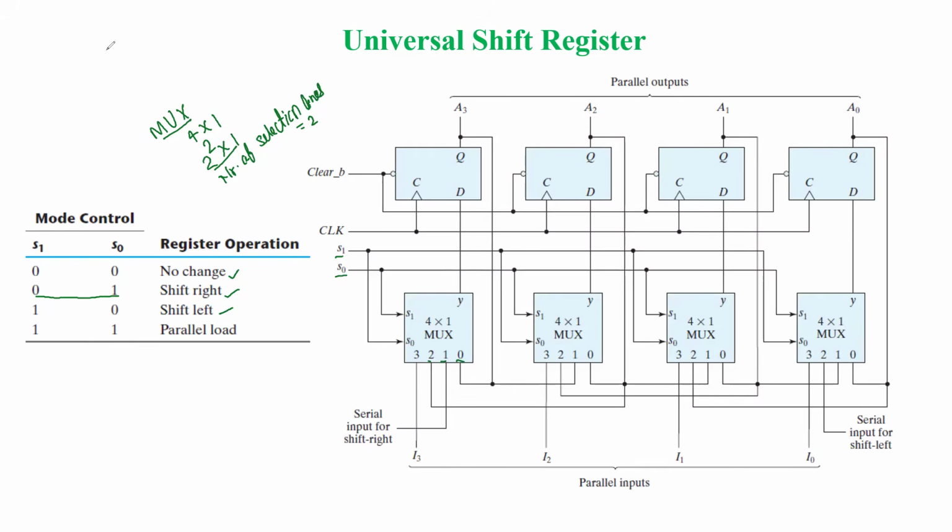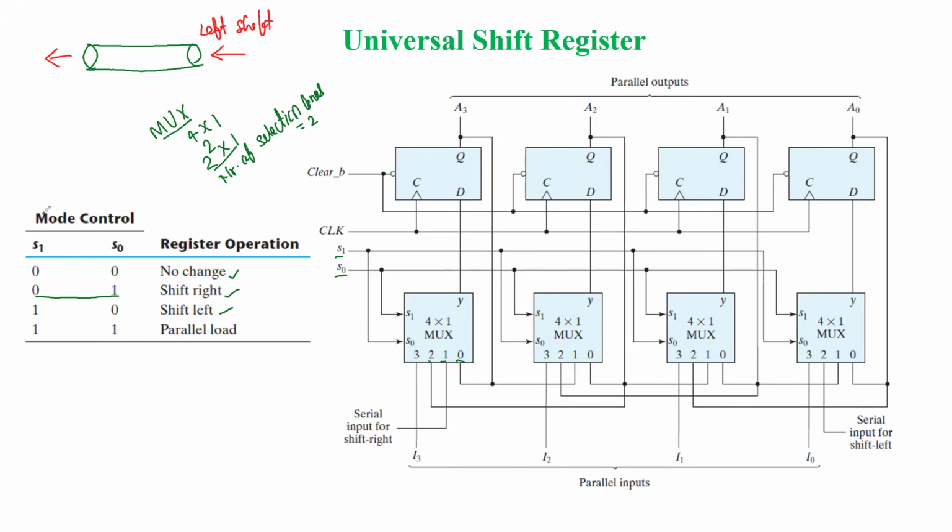Generally, suppose for example, in the case of shifting, we take a water pipe kept at the same level. Now if you pour the water from the right side, the water will flow to the left side. So this will perform which type of shifting? That will perform the left shift.